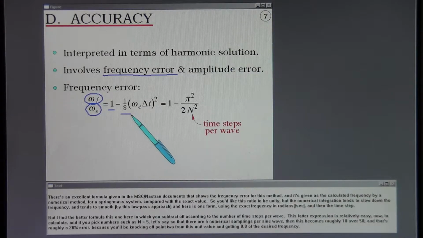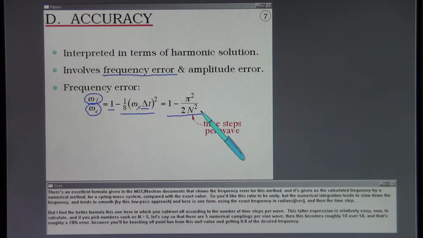And here is one form using the exact frequency in radians and then the time step. But I find the better formula, this one here, in which you subtract off according to the number of time steps per wave.